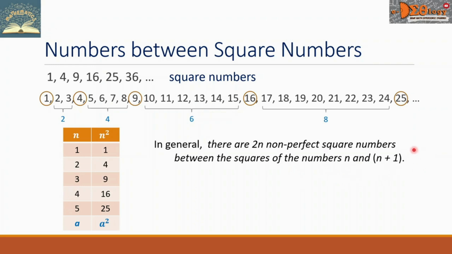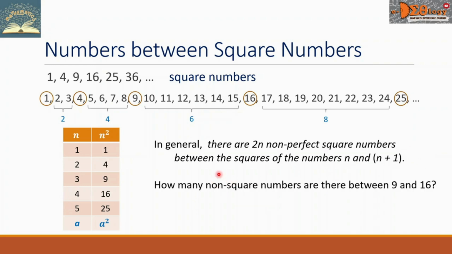Let's see this example. How many non-square numbers are there between 9 and 16? So 9 here, we can write as 3 squared. Look at our table. The 9 is here, that corresponds to the number 3 as the n. And we write n equals 3.